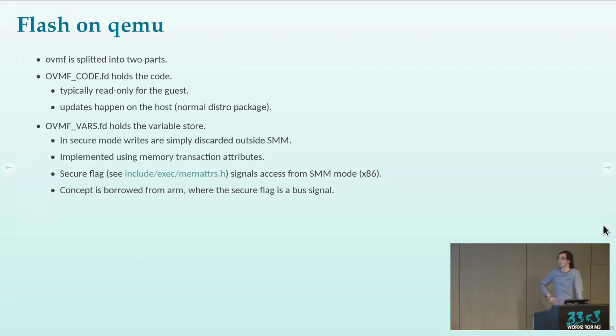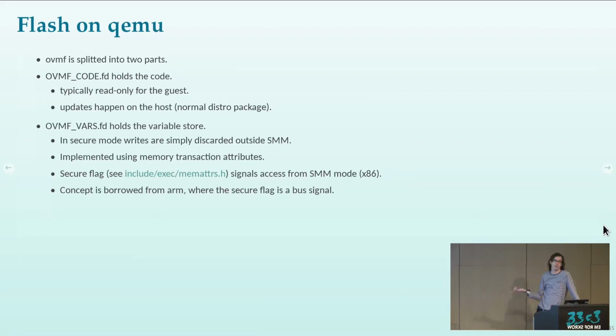And we have the second part of the flash, which stores the variables, and we can simply discard any writes which happen if you're not in system management mode. That's a concept we have borrowed from ARM. We have a secure flag, which on ARM is used to signal user space or kernel mode access, and on ARM it actually exists as a bus signal.